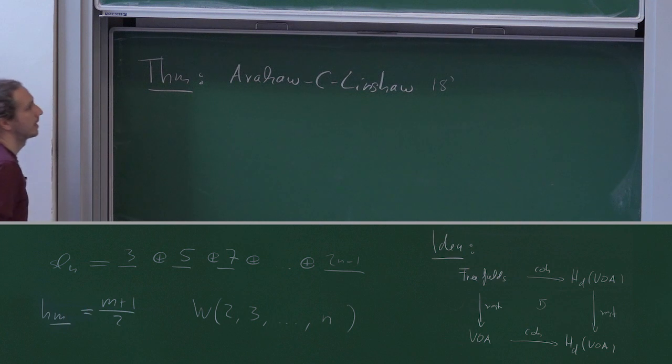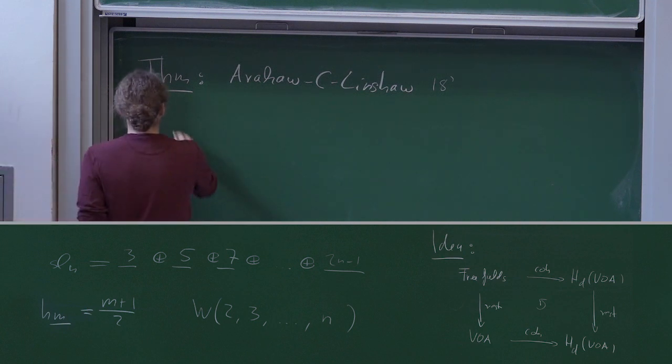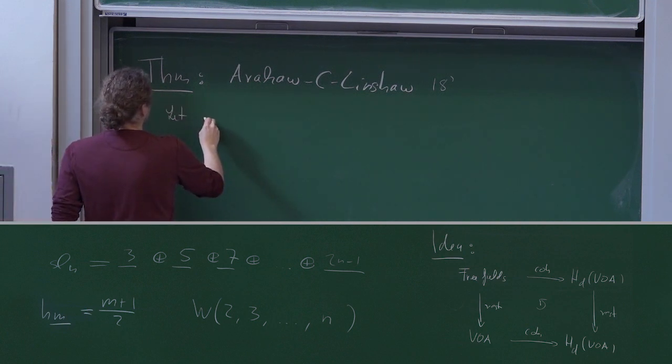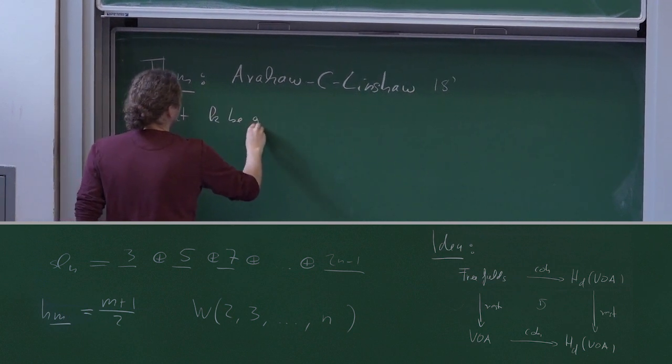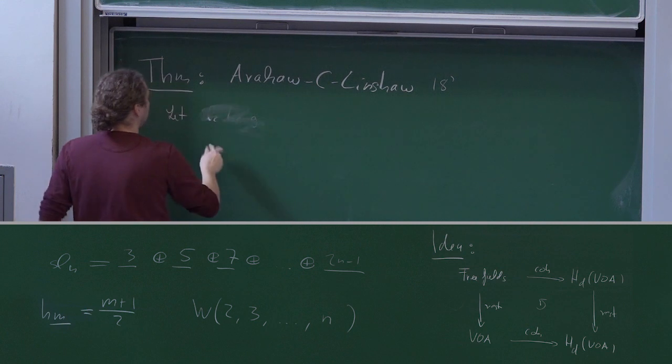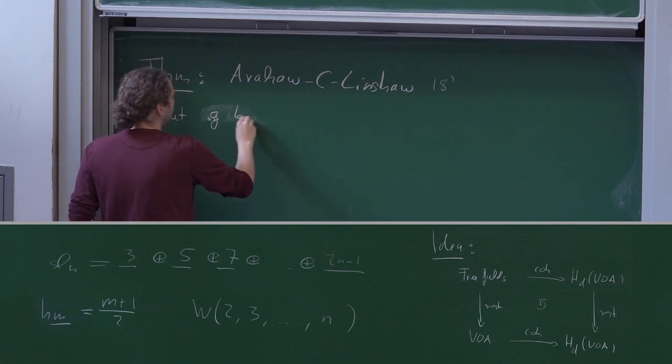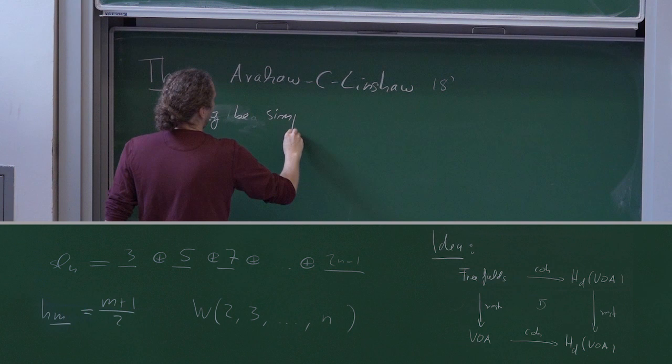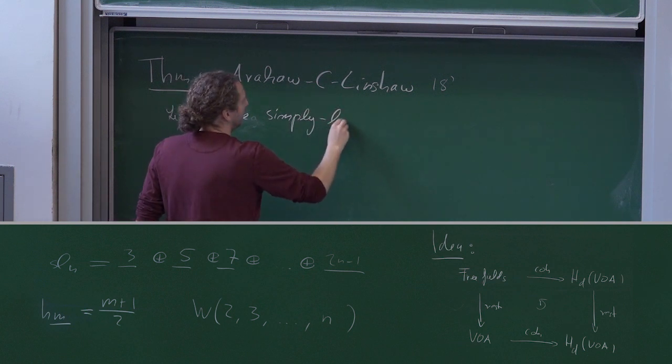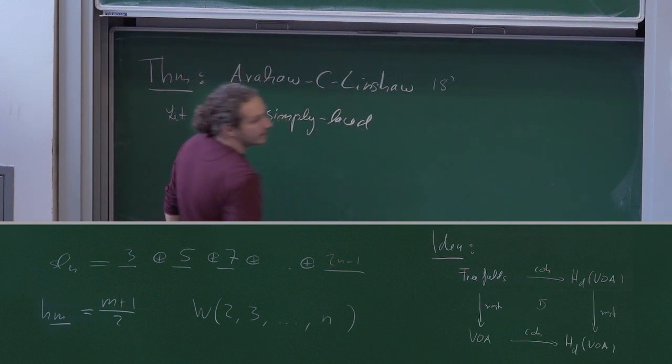It says that, maybe first let G be simply laced. This means G is of type SL_N, SO_2N, or of type E.